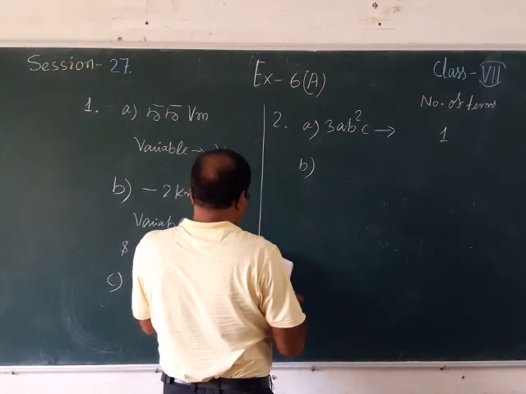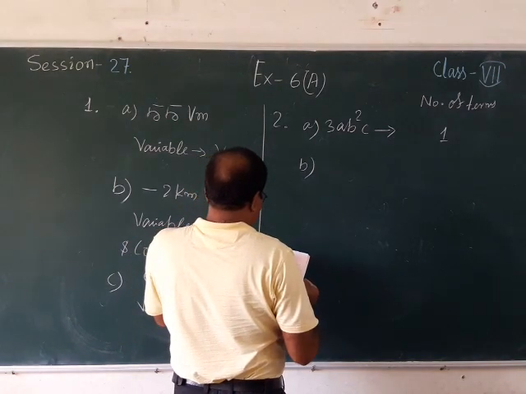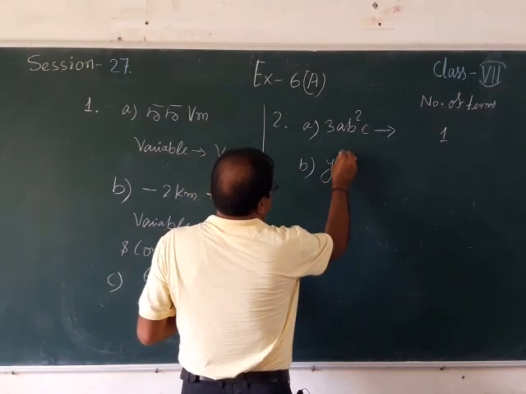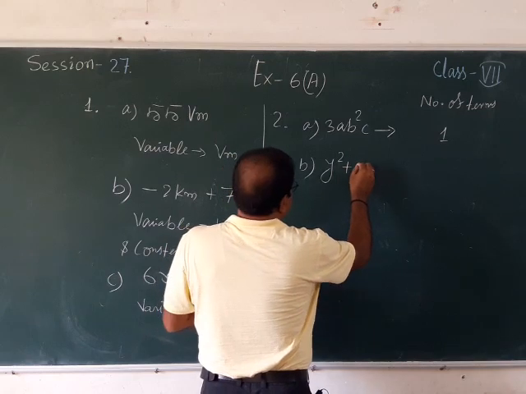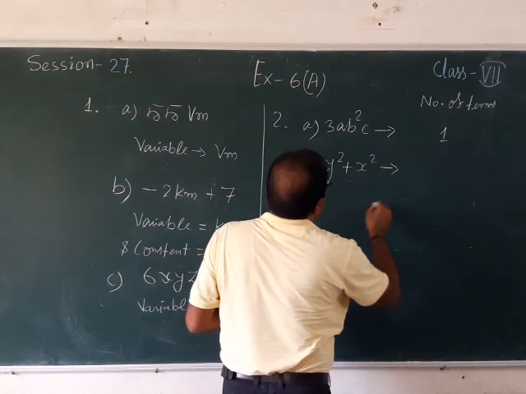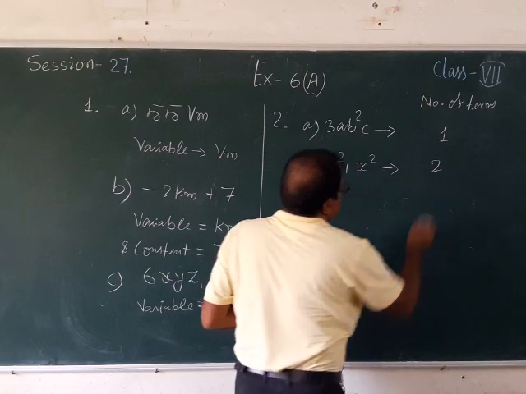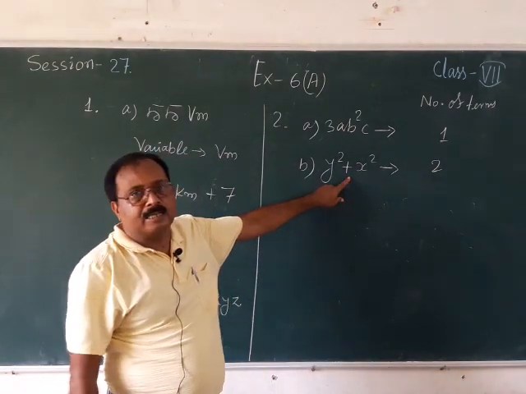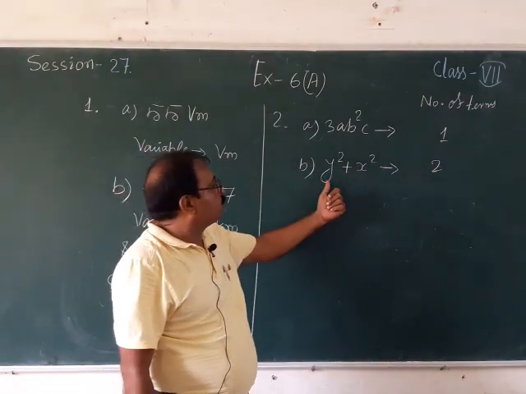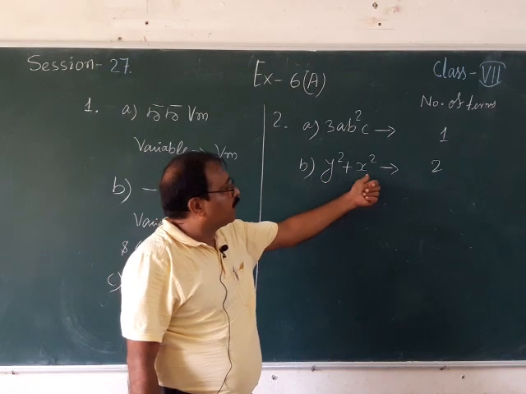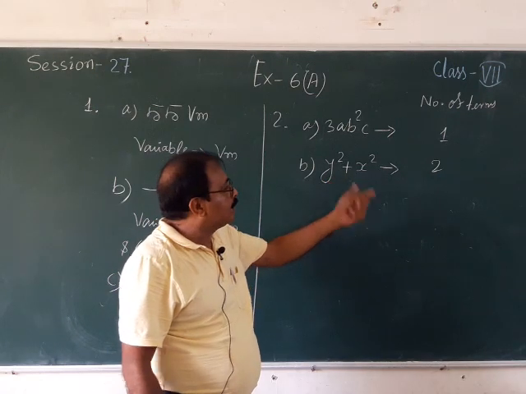Then in part B, the expression is y square plus x square. How many terms are there? 2 terms, because a plus sign is there in the middle: y square is one term, and x square is the other term. That means there are 2 terms.